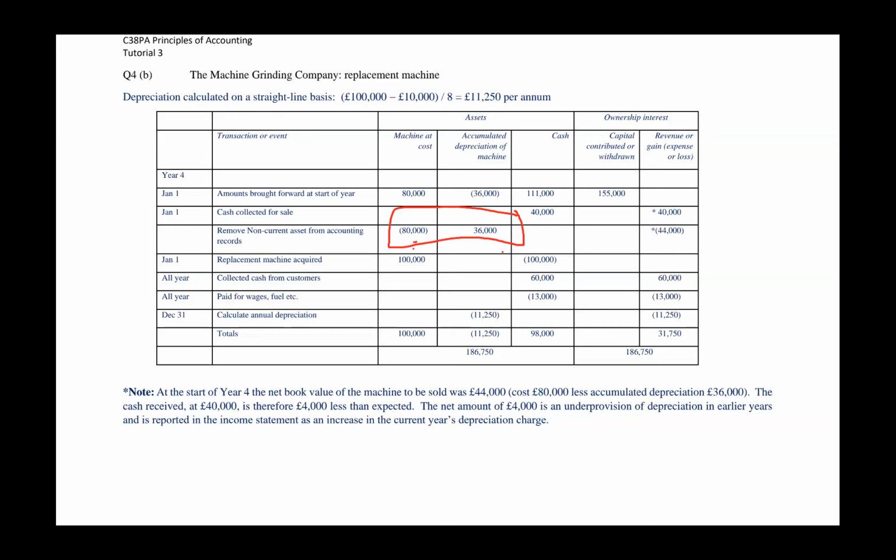It's a loss. There is a loss here. How does the loss come about? Could you explain? Hold on, 80 minus 36. I think the loss comes because first of all, you sold the machine.